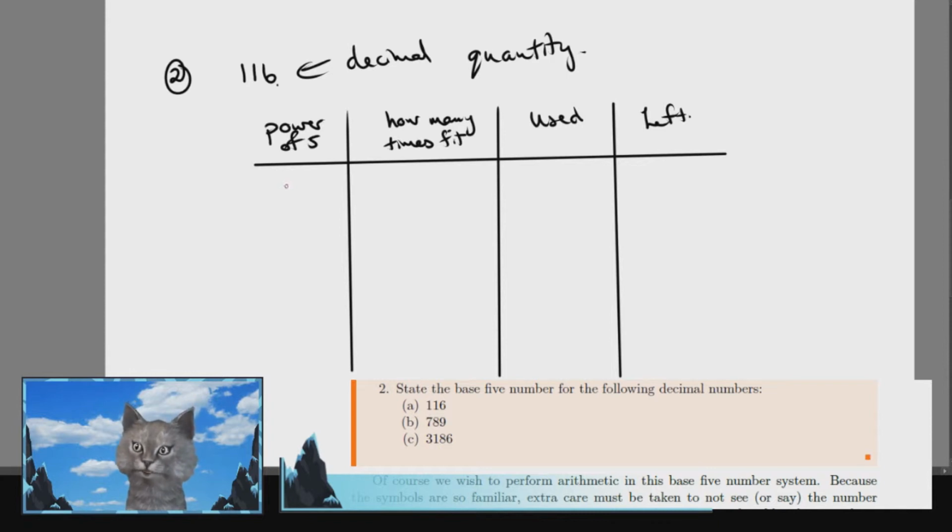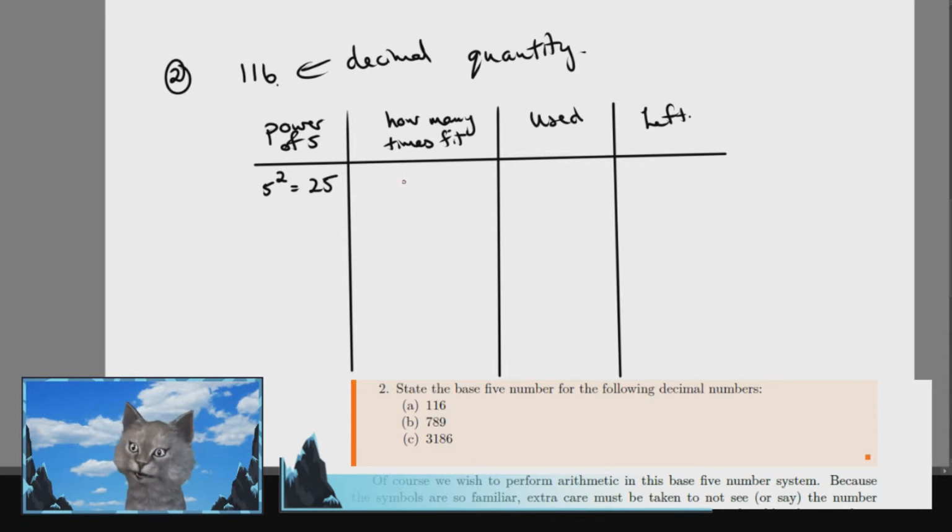So now first I have to figure out what is the highest power of 5 that can go in there. Well, I know 5 cubed is 125, and that's too big. So that's not going to fit even once. So I'm going to go 5 squared, which is 25. How many times does 25 fit into 116?